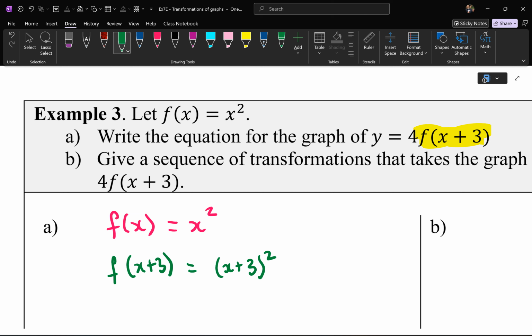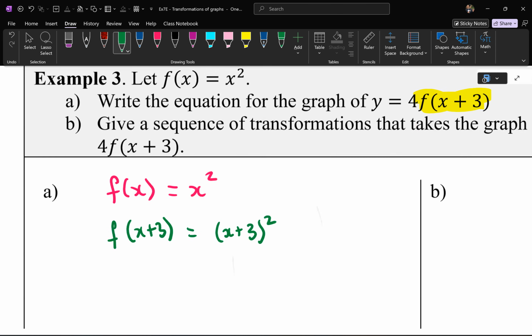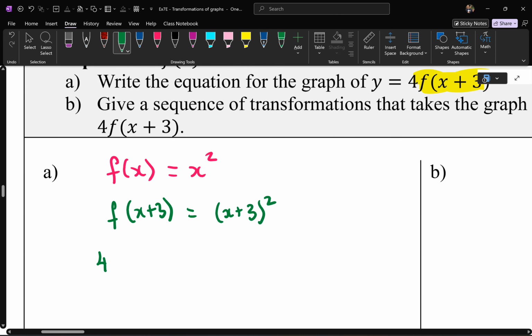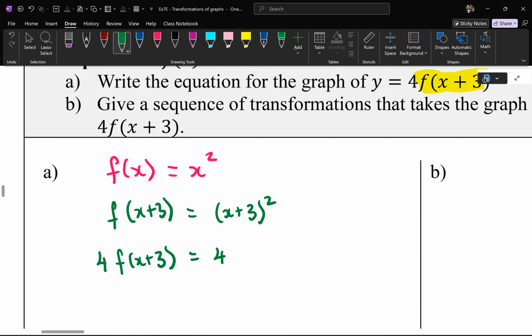But then I say 4 times whatever that is. So if you write 4 in front of it, in the next step, when I say 4 f of x plus 3, that just means 4 times that.